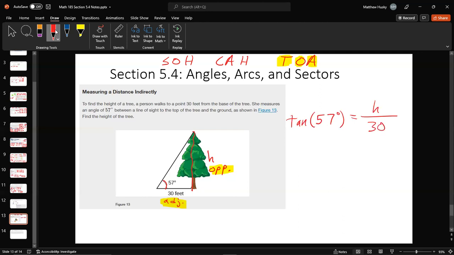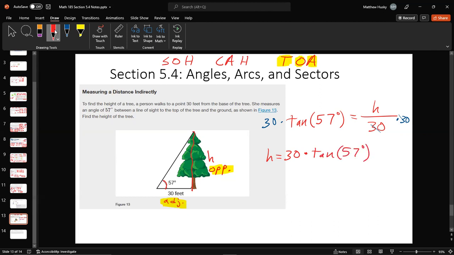Well, since you are dividing by 30, what you would need to do is multiply by 30. You're going to multiply both sides by 30. That will then let you cancel those out. And basically what this means is that the height is 30 times the tangent of 57 degrees.